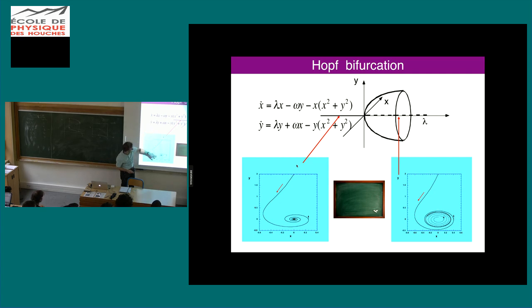Once you cross this lambda 0 boundary, you see trajectories going to this ellipsoid structure. And when you start within the circle, within this limit cycle, you actually converge to that too.